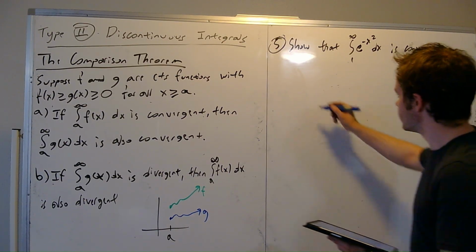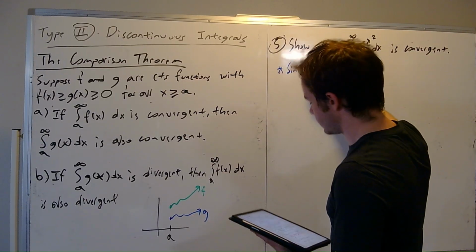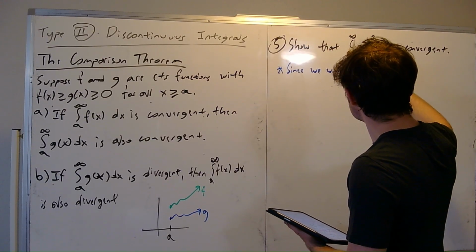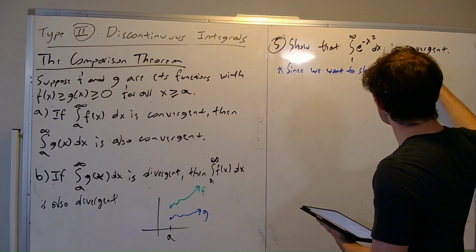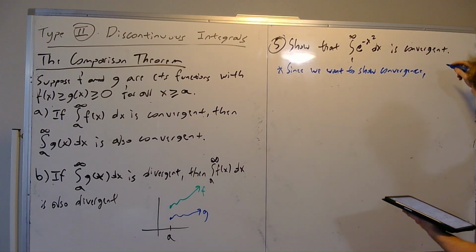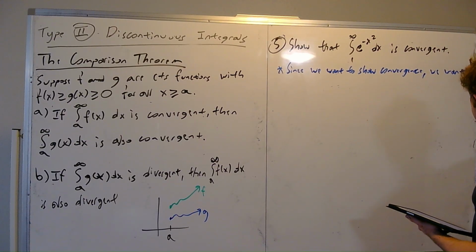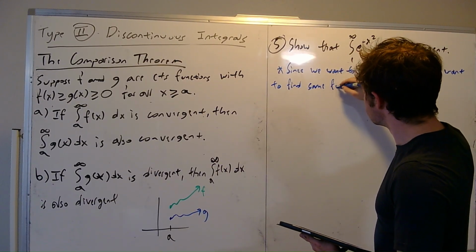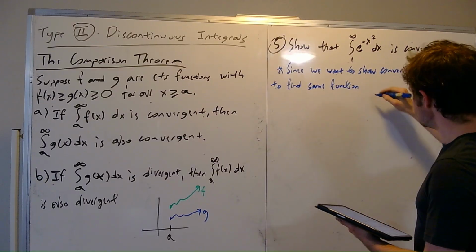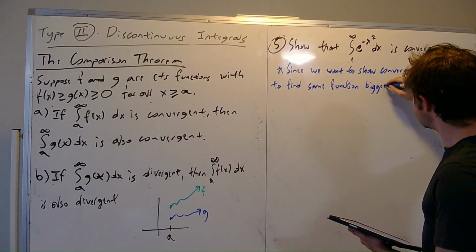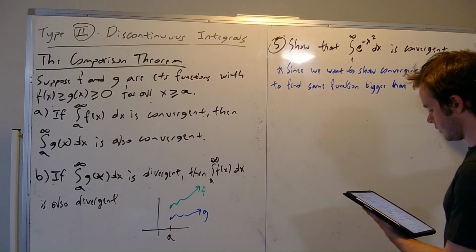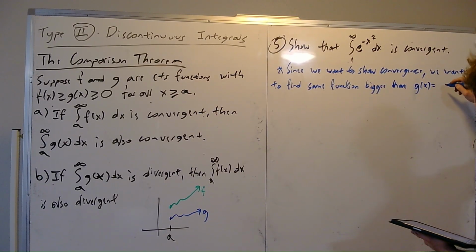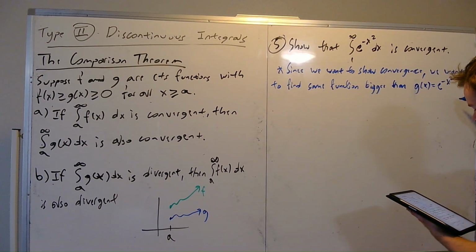So I'll say here, since we want to show convergence, we want to find some function bigger than g of x equals e to the negative x squared that we know how to integrate.